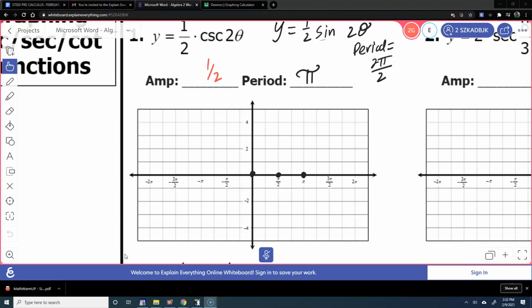In between 0 and pi over 2 will be pi over 4. So in this case, it's going to go up 1/2. And in between pi over 2 and pi is 3 pi over 4. So it's going to have a point right there. So this is pi over 4 and this is 3 pi over 4. And so I'm going to go ahead and sketch that. And if you want to extend it, you can.